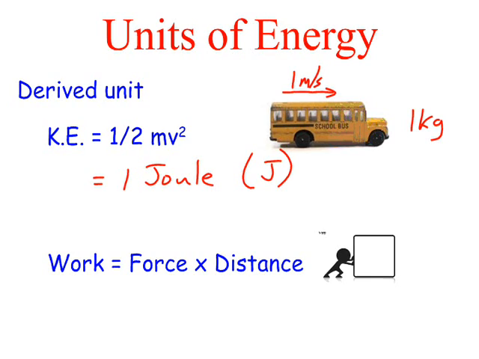So if we take a look at an object that's being pushed with a force of 1 Newton, Newton being a force unit, and if we move that object a distance of 1 meter, our standard unit of length being the meter, standard unit of force being the Newton, if we exert a force of 1 Newton over a distance of 1 meter, so 1 Newton times 1 meter, we will have done 1 joule of work on that box.